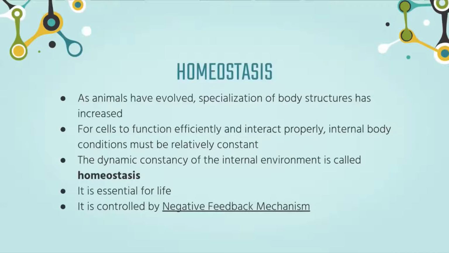The receptor senses environmental stimuli, sending the information to the control center. The control center, generally a region of the brain called the hypothalamus, signals an effector, such as a muscle or organ, in order to respond to the stimuli.